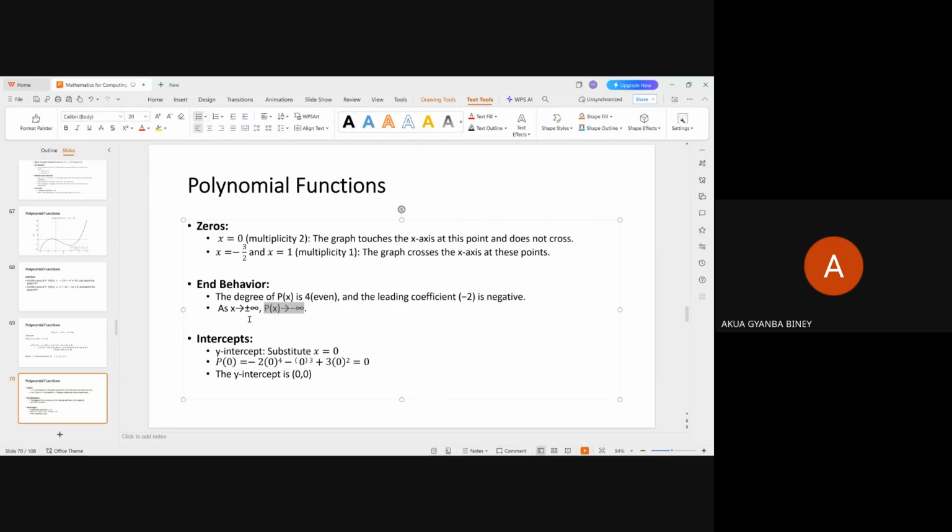Or possibly, if x is approaching the negative or the positive, it's supposed to fall, if that's the meaning here.